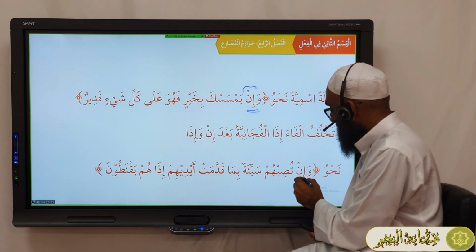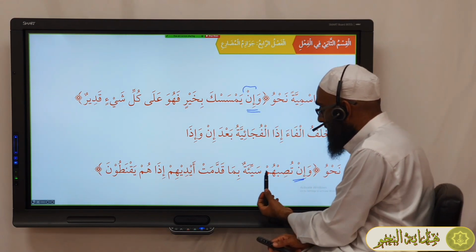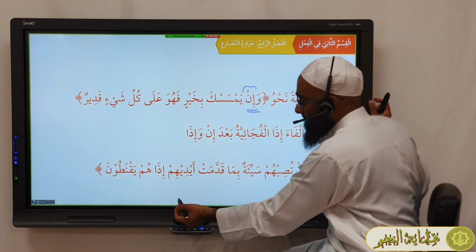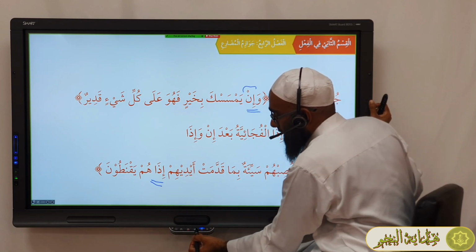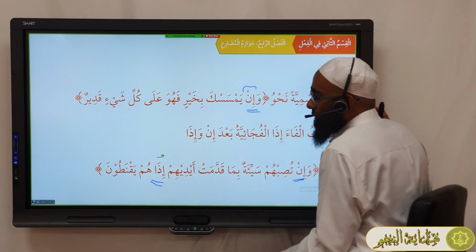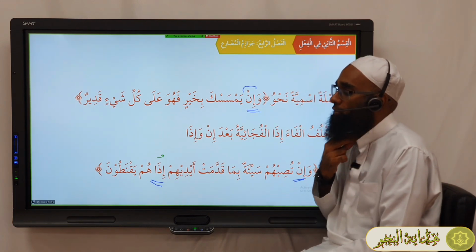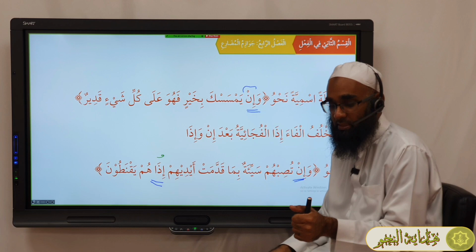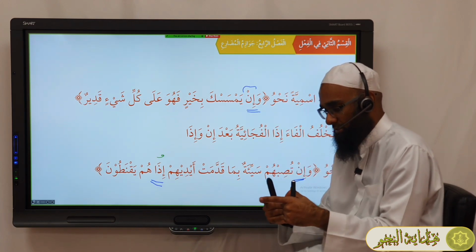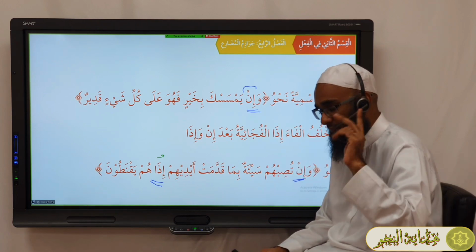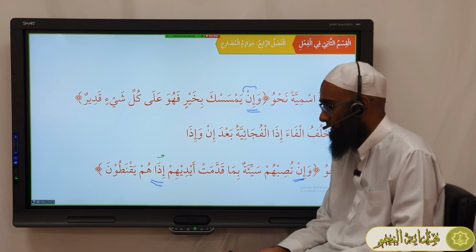For example here, the adat of shart that we are using is in. وَإِن تُصِبْهُمْ سَيِّئَةٌ بِمَا قَدَّمَتْ أَيْدِيهِمْ، إِذَا هُمْ يَقْنَتُونَ, or outside the Quran we can say فَهُمْ يَقْنَتُونَ. Understood? So, rule number one: Jumla Ismiya as a Jawab al-Shart must have fa, and with Jumla Ismiya you have this leniency to change the fa into an Idha Fujaiya. Understood?